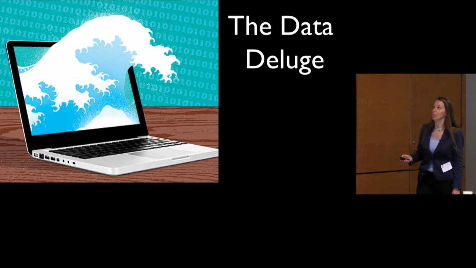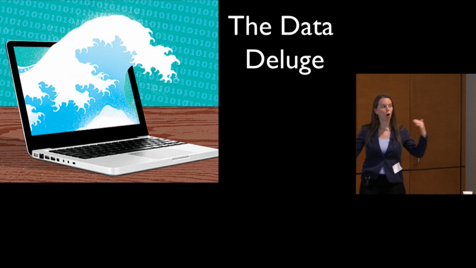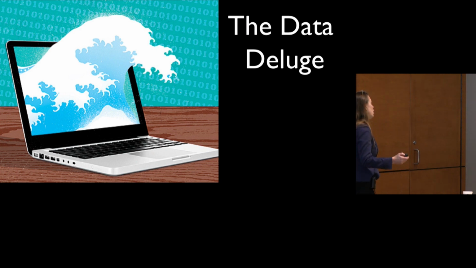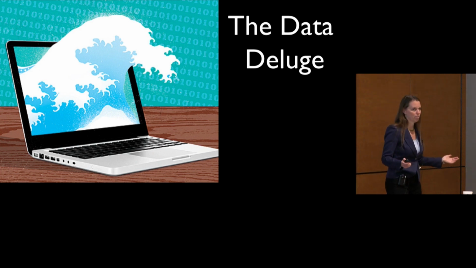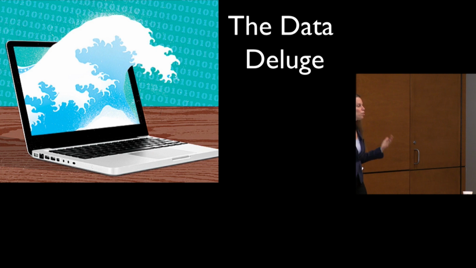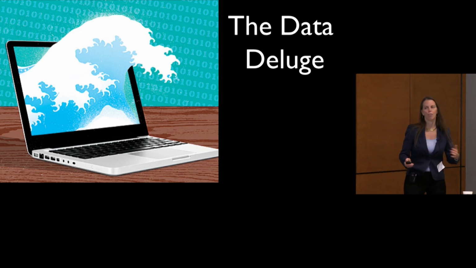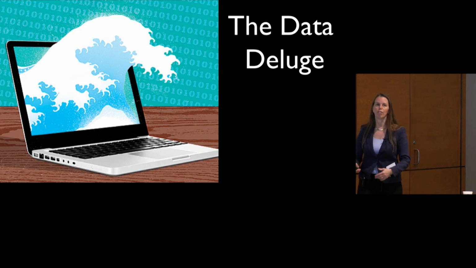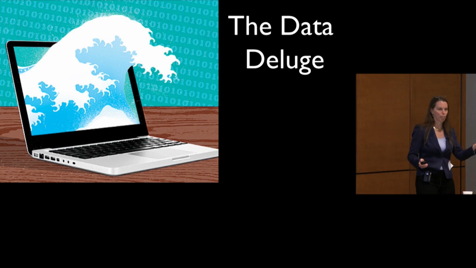So we have this issue. We have all of this data pouring in on us from all sorts of sensors around the world. Doesn't matter what discipline you're in. So much data is coming in from historical records, from ocean sensors, from satellites, from telescopes, from our smartphones.